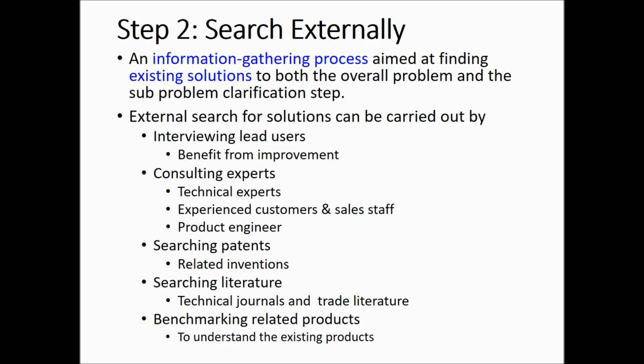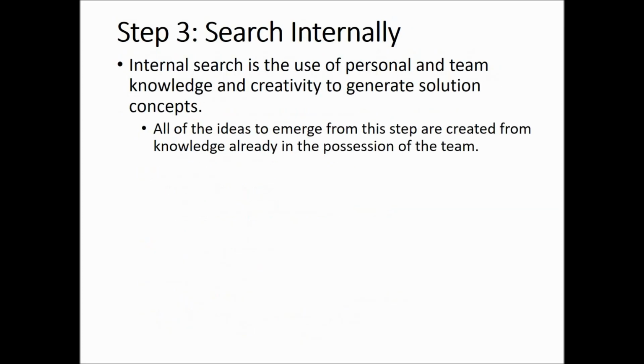And also you can get some ideas from your benchmark analysis about the existing products, and accordingly you can look for possible ways of implementing certain sub-functions based on how others have addressed those issues.